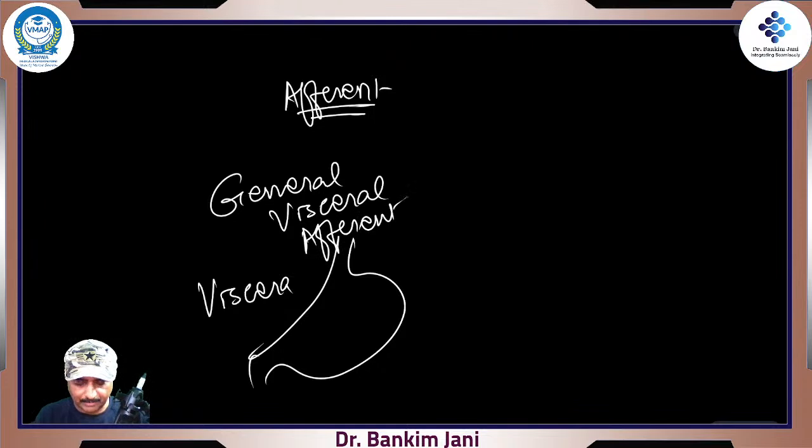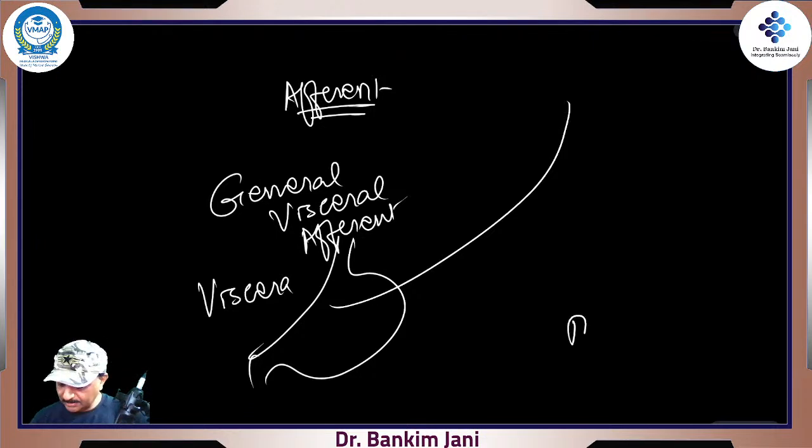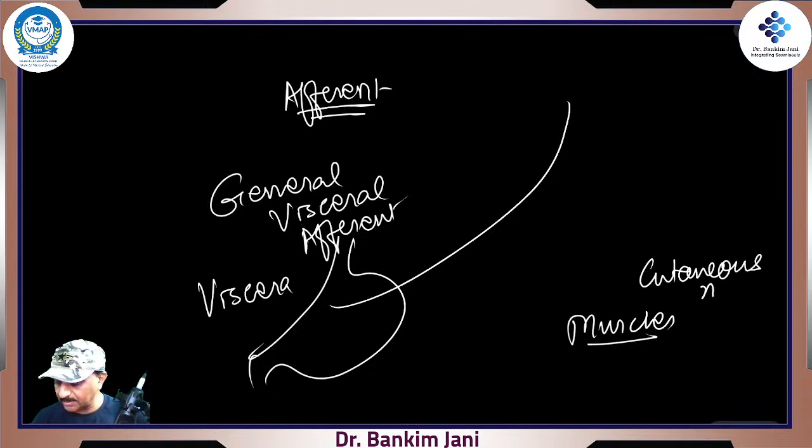General visceral afferent. And then what about the muscles? For the muscles or the cutaneous sensations, cutaneous nerves, all those sensory things, they will be general somatic afferent, right?